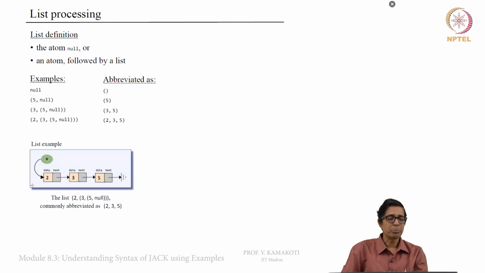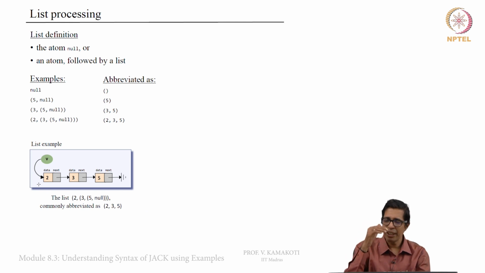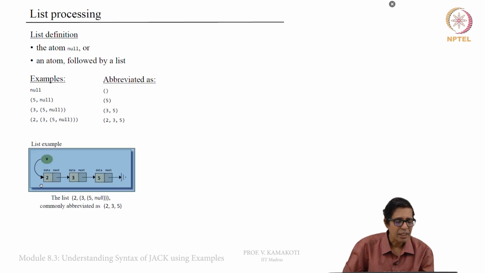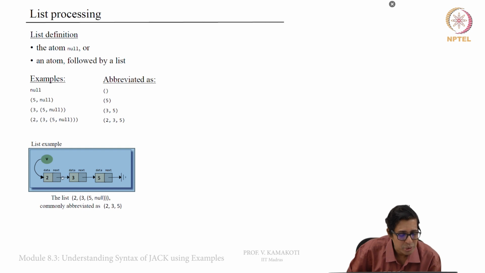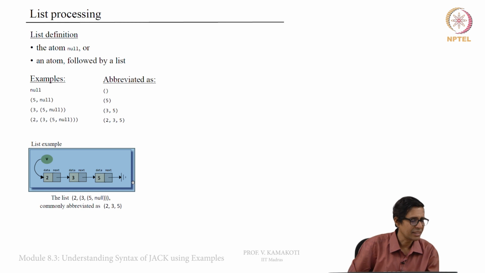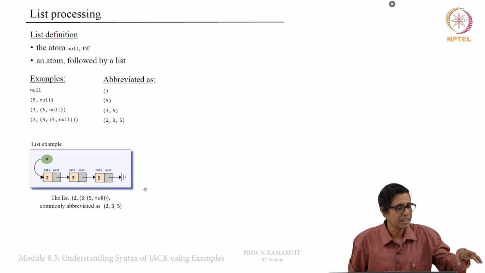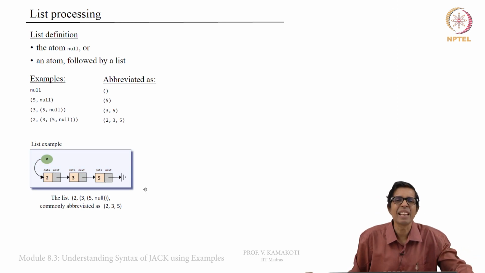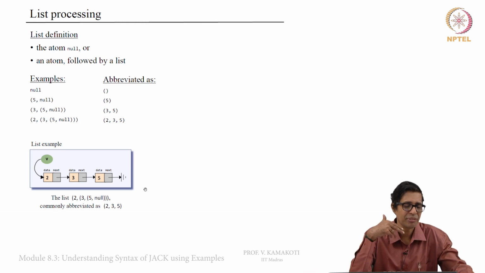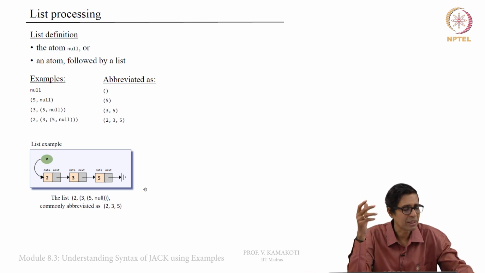So every entry of the list stores an element and a pointer to a list of the same type. So this first location here stores the element 2 and points to another list of the same type, which in turn stores 3 comma 5 etc. Right. So this is the understanding of the list. A list is a self-referential structure, it refers to another list as a part of its definition.